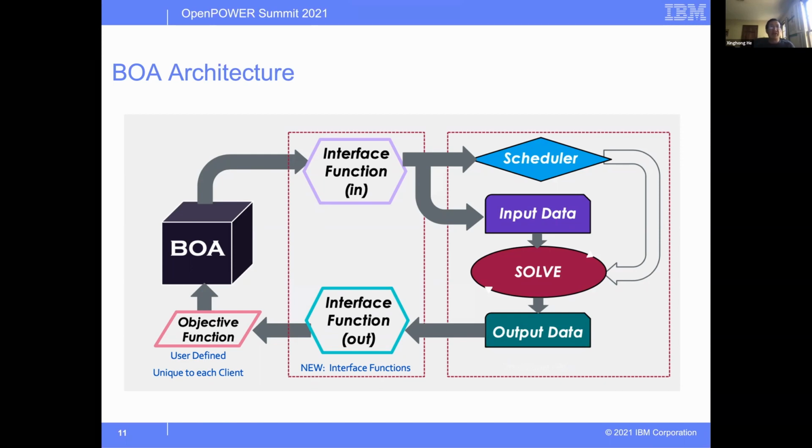And this chart again shows the structure of the BOA. The left side is the BOA server, and the right side, here, are the scheduler and input data. Those are your existing computing environments. So you don't need to change anything in your existing compute environment to be able to use BOA.